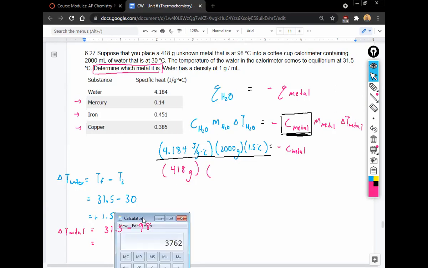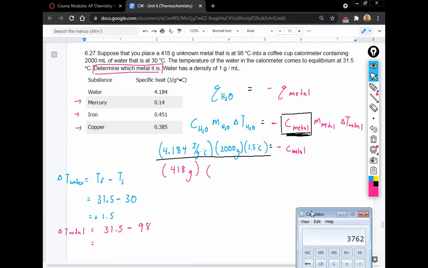So if we plug that into the calculator, we'll get 31.5 minus 98, which is negative 66.5 degrees Celsius. Okay, and so that's going to be our equation. Everyone good with that? If I just wanted to make one thing a little bit easier, I can move the negative sign to the left side so that we can just plug this into a calculator and solve.